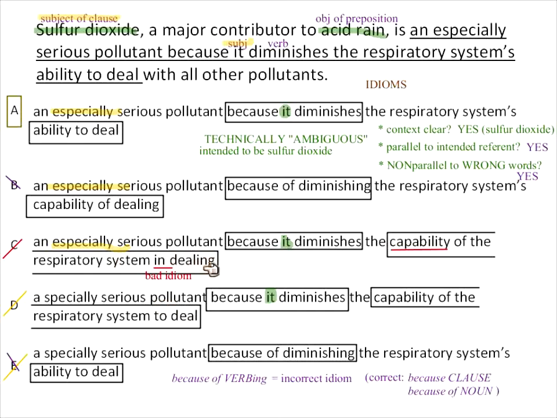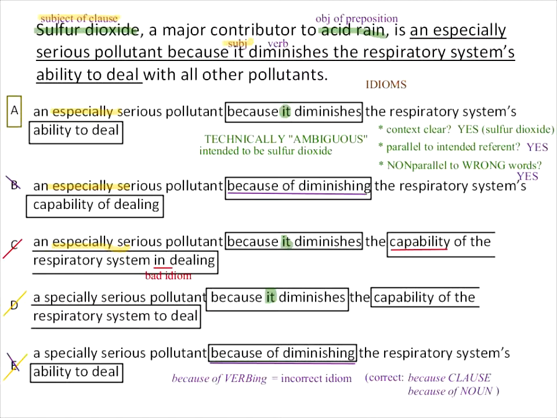I'm not quite sure how the GMAT would handle B and D, so I'm reluctant to pass definite judgment on those. Although because of diminishing is definitely wrong, so you can use that as an eliminator here. I'd have to do more research on capability. The problem is you can find differing opinions on that sort of thing, so you would have to look at official problems and somehow find an official opinion on that.